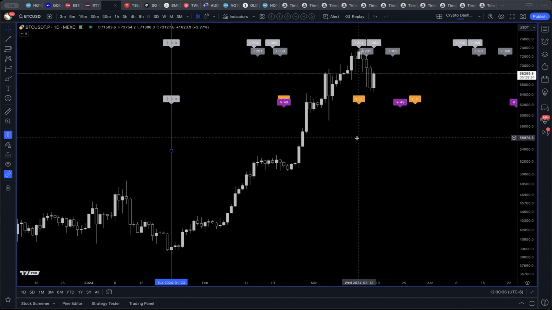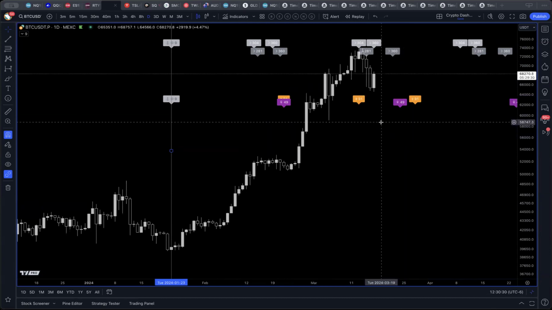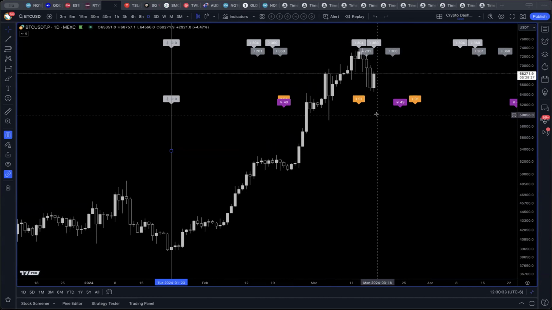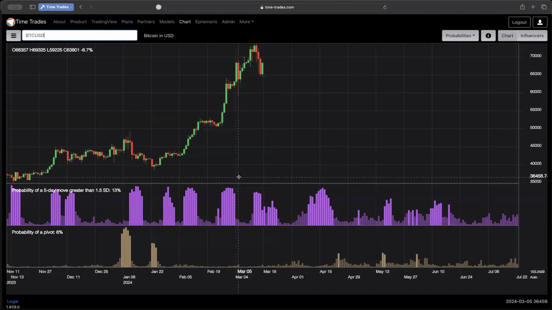So what I'm interpreting, based on the combination of the cycles and the machine learning here in TimeTrader, is that we see a peak of a move. I think this move is going to be down over here on March 22nd. And then I think we're going to see a pivot, which I'm interpreting to be a low in early April.